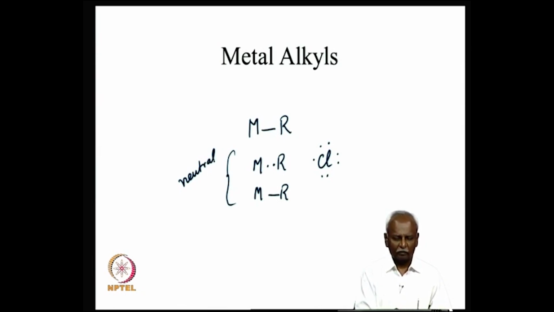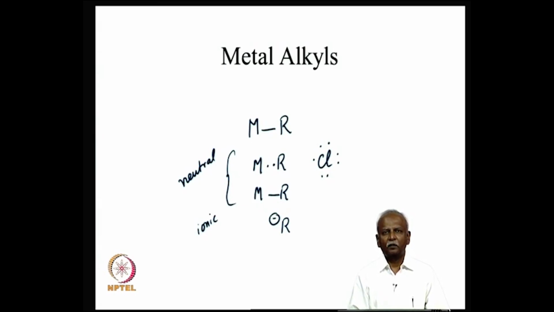In the anionic method, we actually consider the R as R minus. This is purely for convenience, because carbon is in general more electronegative than the metal.